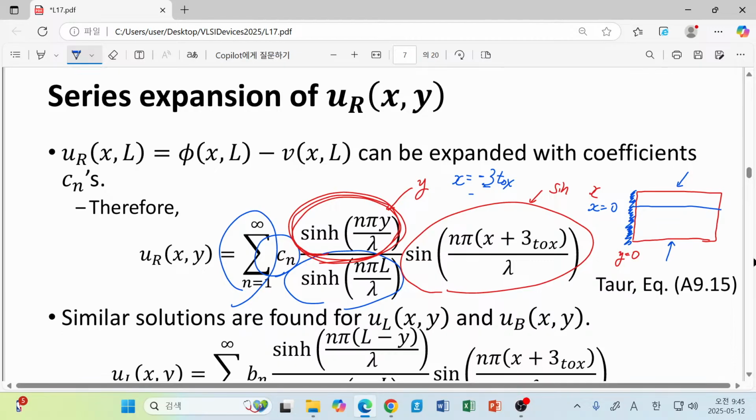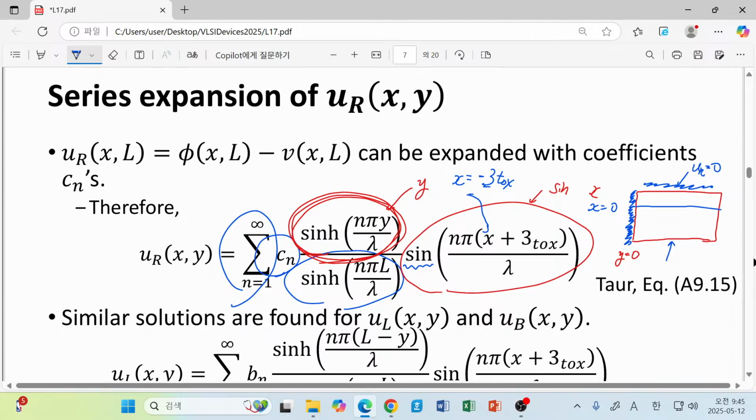So if we insert this minus 3 times Tox into our argument, then you can see that the overall argument of our sine function becomes 0. So sine 0 will give you once again 0. So our UR function just vanishes at this top surface.